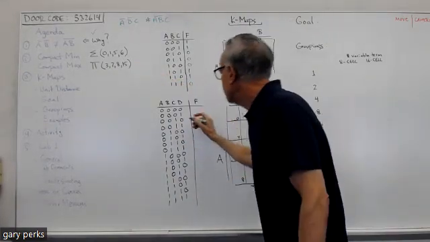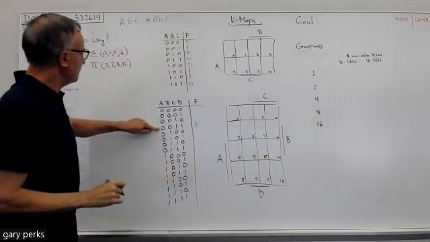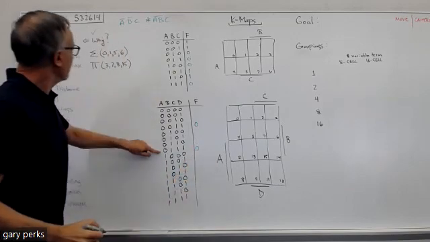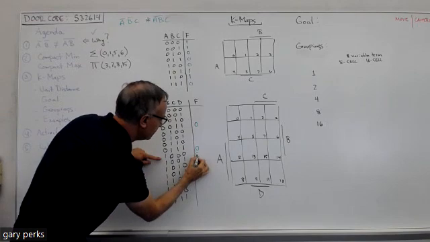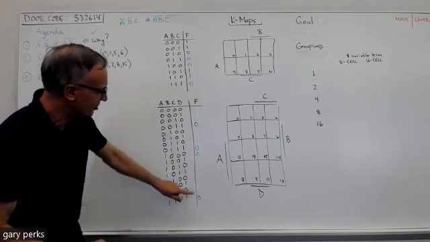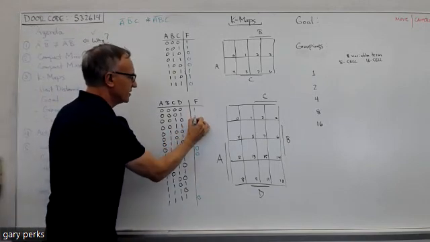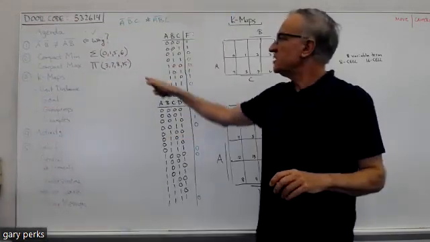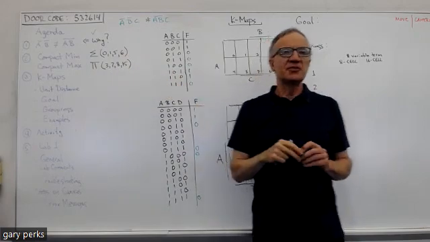There's a 0 for F when our input is 3, a 0 when our input is 7, a 0 when we have an 8, and a 0 when we have 15. Sorry, I got skewed here. But anyway, all the rest would be 1, so you just fill in ones the rest of the way. So compact min tells you where the ones are. Compact max tells you where the zeros are.